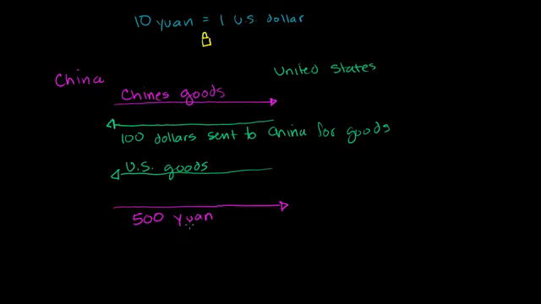So if all of these people were to just convert, and you actually don't know what the equilibrium price would be because the demand changes depending on what the price is in each of the countries. But if you really wanted to convert the $100 that the Chinese producer gets into yuan at 10 to 1, and we're going to assume that this peg is what at least the Chinese government wants, this producer needs 1,000 yuan in order to convert all of his $100 at 10 yuan per dollar.